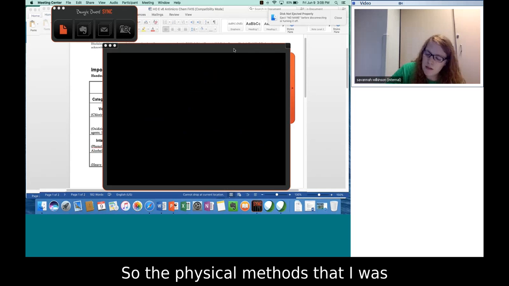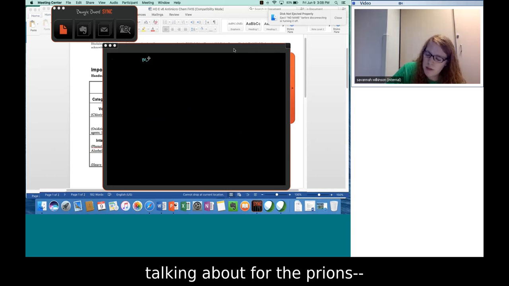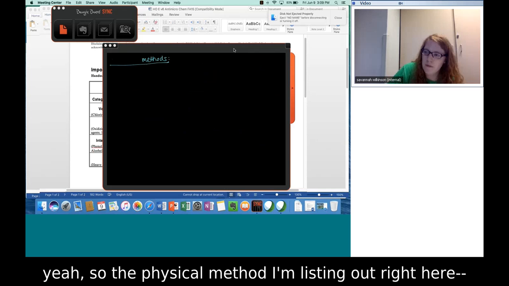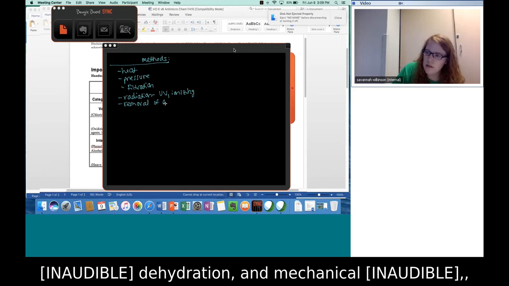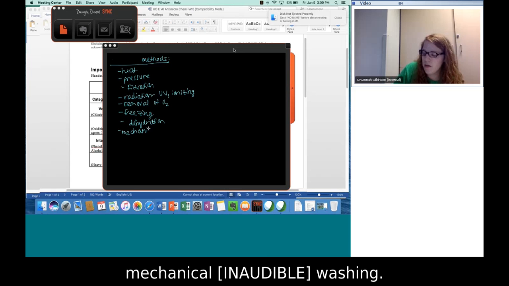So the physical methods that I was talking about for the prions, the physical methods I'm listing out right here: heat, pressure, filtration, radiation, removal of oxygen, dehydration, and mechanical removal, washing.